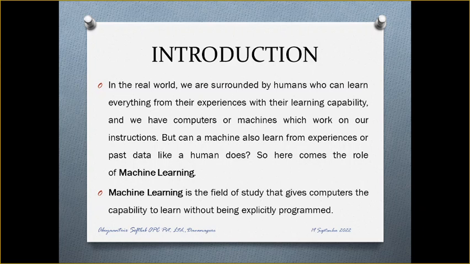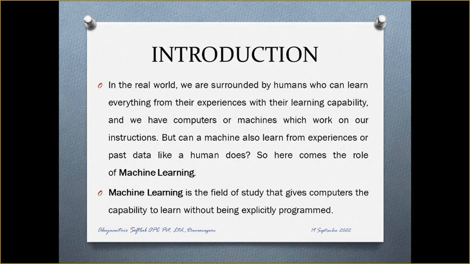So this is the main important role of the machine learning process. How humans learn, think, decide, and act for situations or current operations, the machine is going to learn all those things.